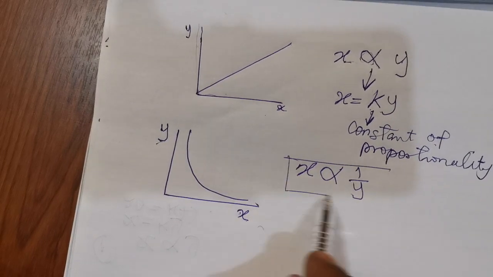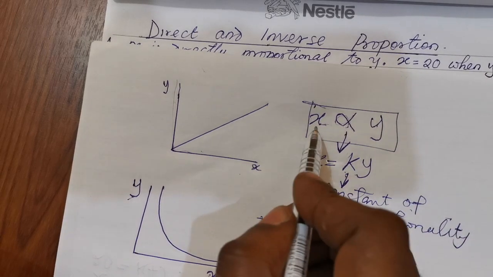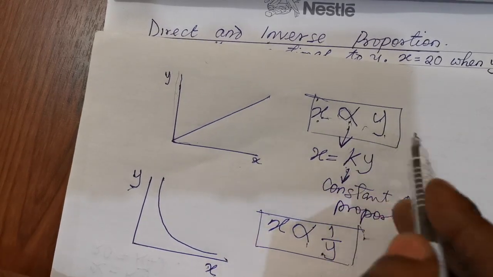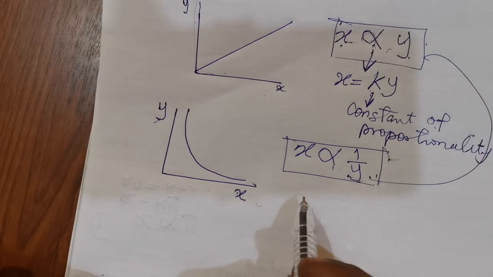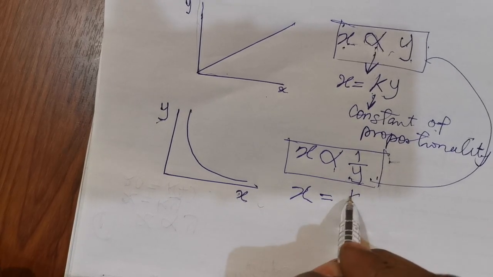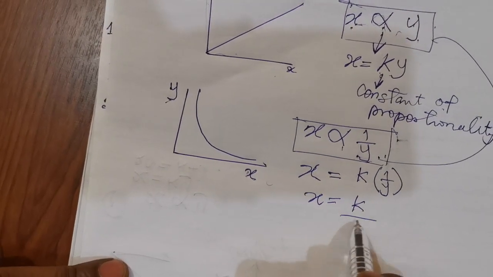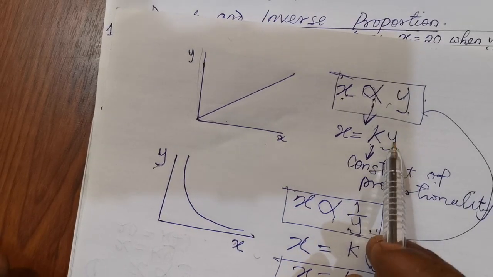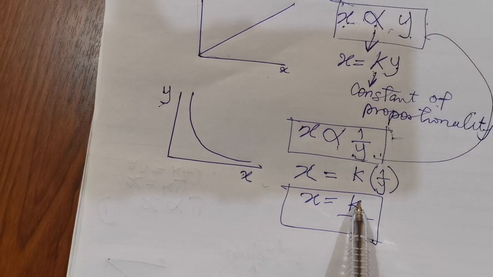Check the two of them: this is direct proportion, this is inverse proportion. In inverse proportion, x will be equal to k times 1 over y, or x is equal to k over y. k remains the constant of proportionality.